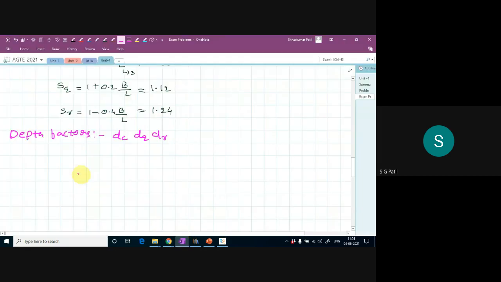Okay, so write down here. What is DC here? DC is equal to 1 plus 0.2 dF by B into square root of N phi. What is N phi here?